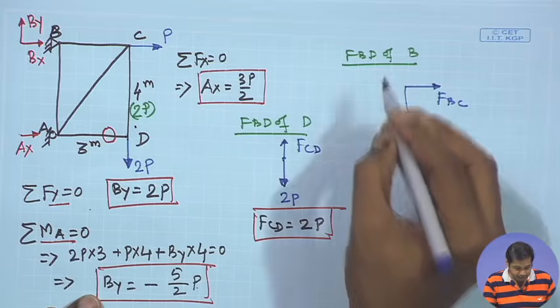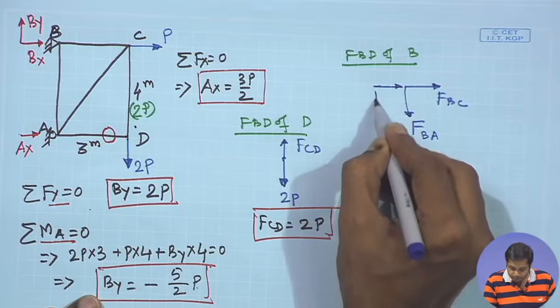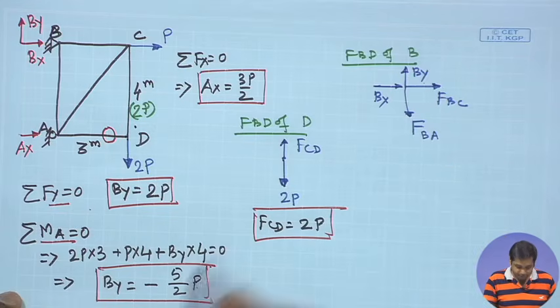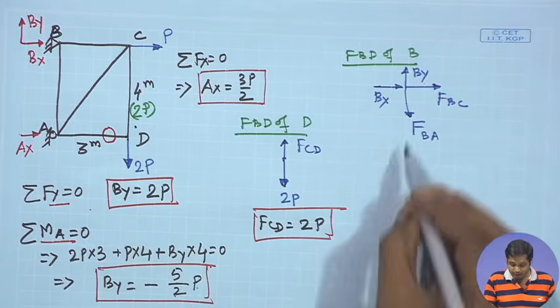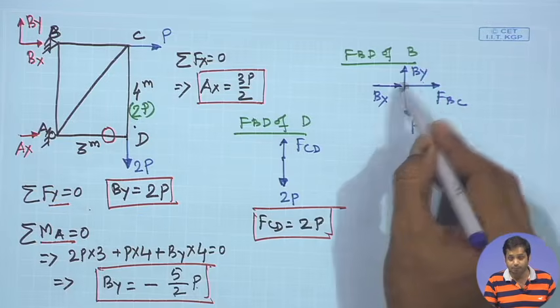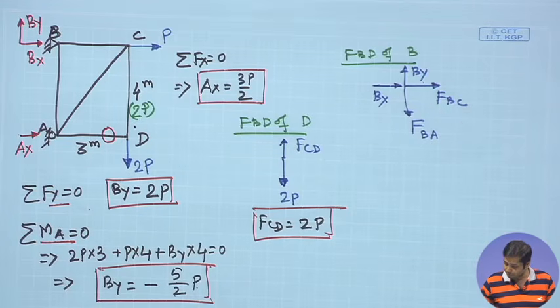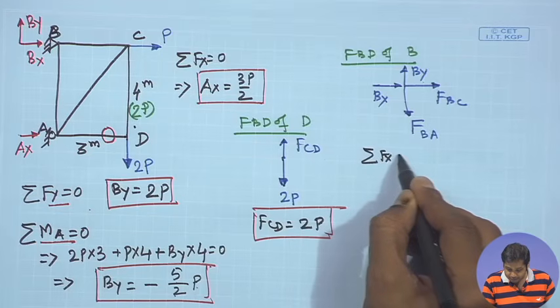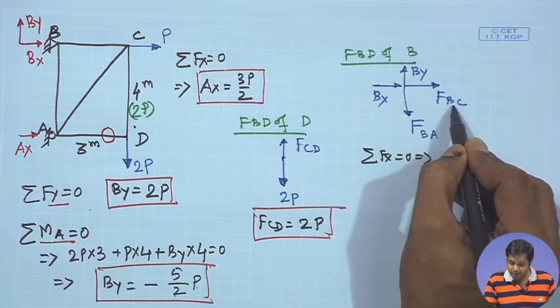FBA, and then Bx, and then By. Bx and By we have already determined. Then we need to apply the equilibrium equations, summation of Fx and summation of Fy equal to 0.